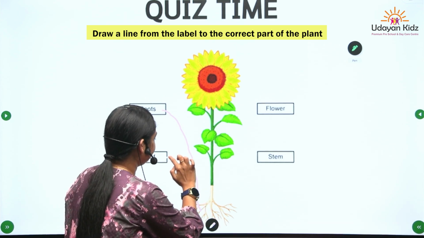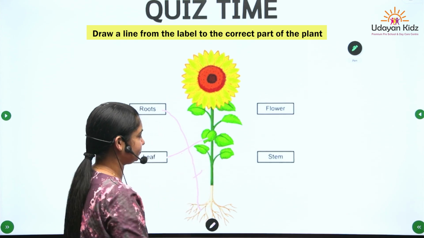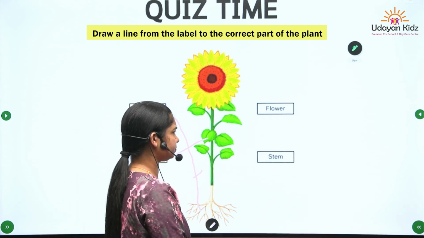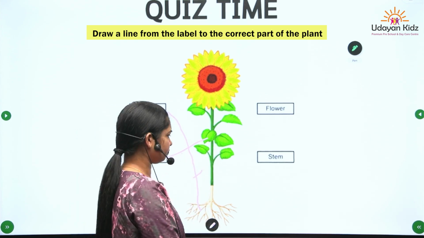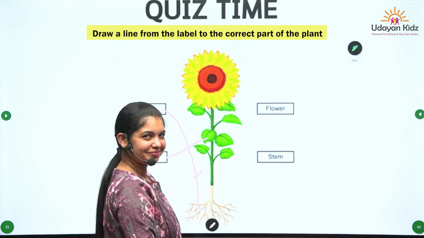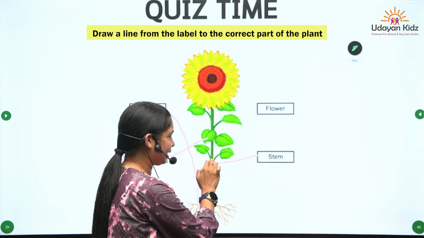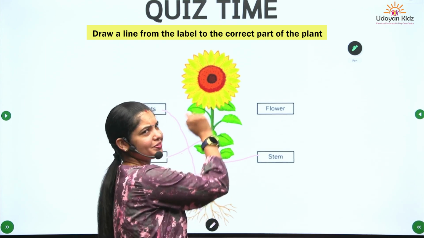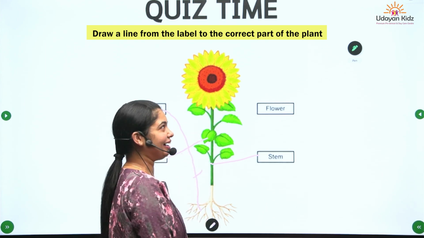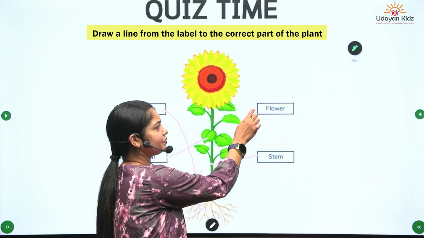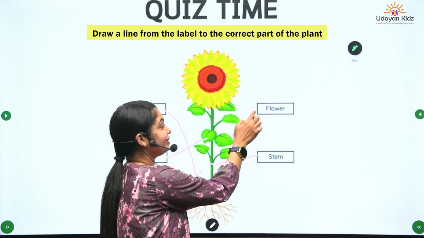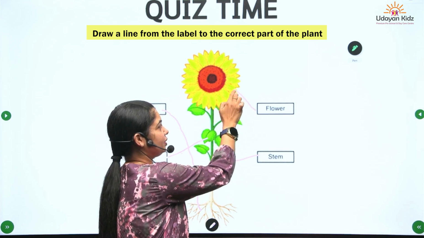This is a leaf. Stem. The stem? Very good, children. This is the stem. Who's this? Flower. Where is the flower? Tell me. Yes, the flower.